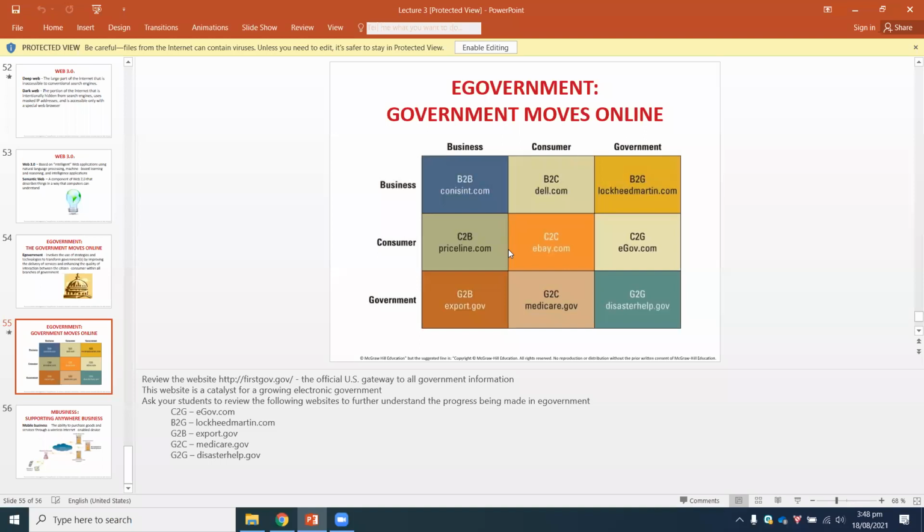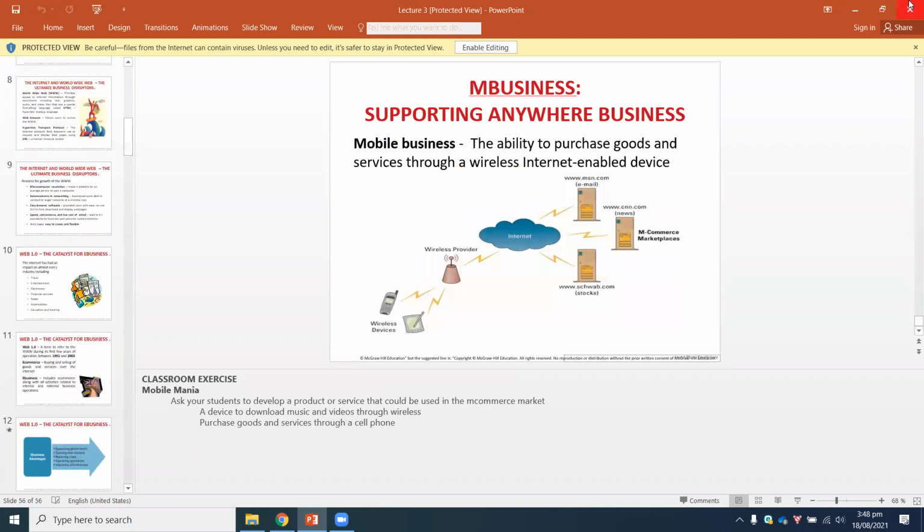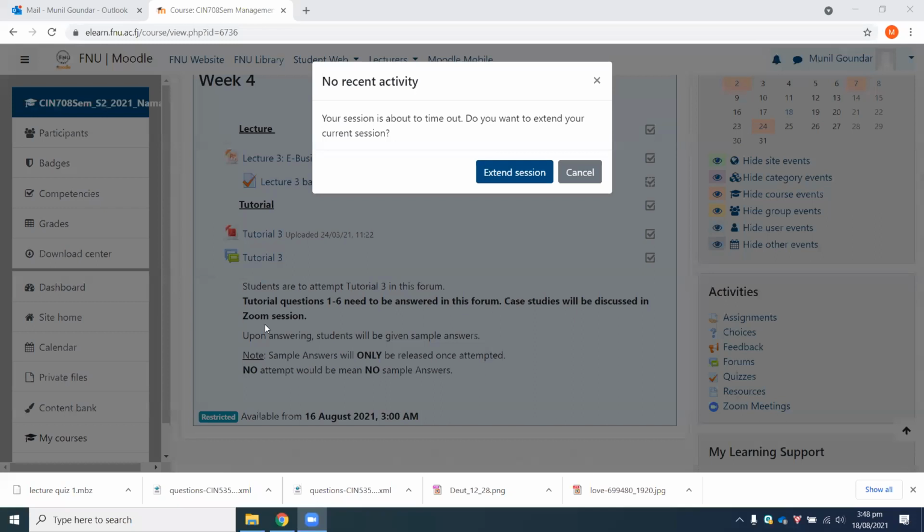So you have business to business, business to consumer, and business to government, and then consumer to business, consumer to consumer, consumer to government, and then government to business, government to consumer, and government to government. So you should be able to know and describe these. These are the important things that you should be taking note of from lecture 3, and you should know it thoroughly. Now, time for any questions.